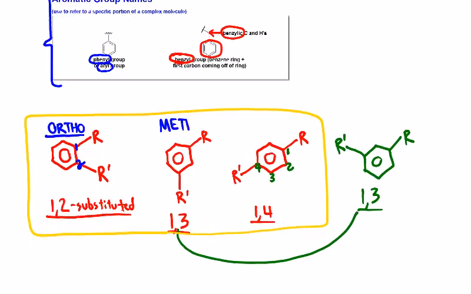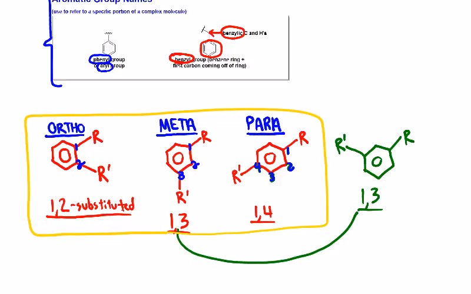A second constitutional isomer we refer to as the meta-substituted constitutional isomer, and that's going to be a 1,3 substitution. So position 1, going in the shortest direction to get to the next substituent, we put the second substituent at position number 3. So that's ortho, meta, and then the third constitutional isomer is referred to as the para-constitutional isomer, and we'll see that that's a 1,4 substitution pattern here, going around the ring.